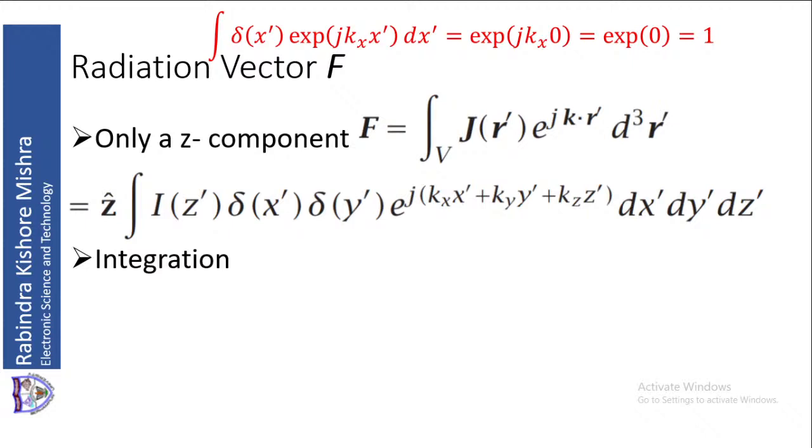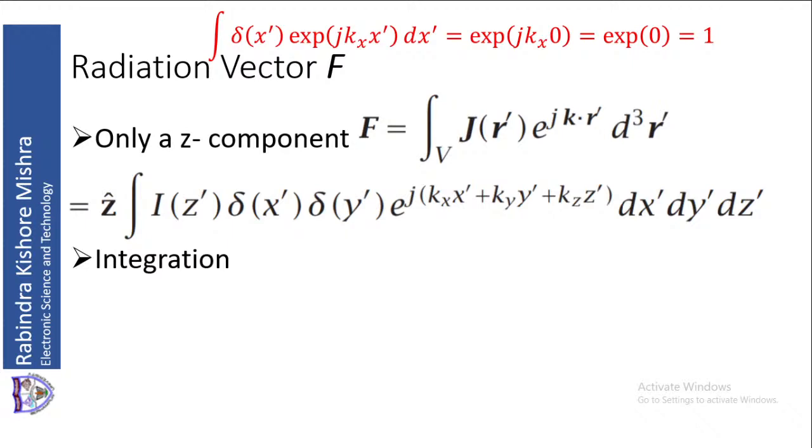Now using the Dirac delta function property, as you know, integration of fx delta x dx is equal to f0. So here fx is exponential jk x dash. So on that we will put exponential jkx0. Now exponential jkx0 is equal to exponential 0. Exponential 0 means it is equal to 1. E to the power 0, anything to the power 0 is 1.